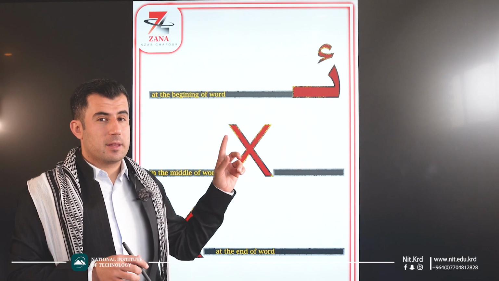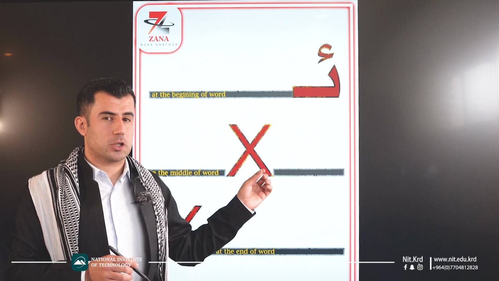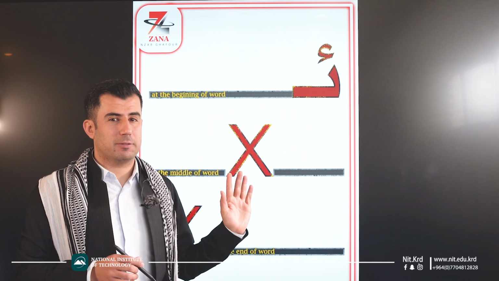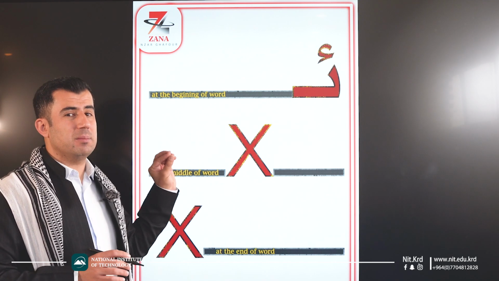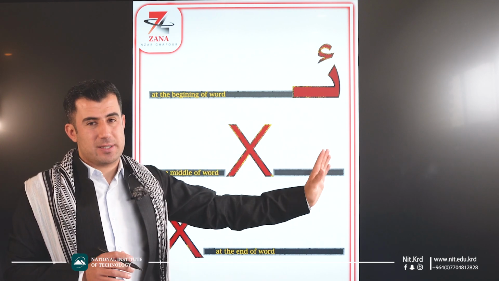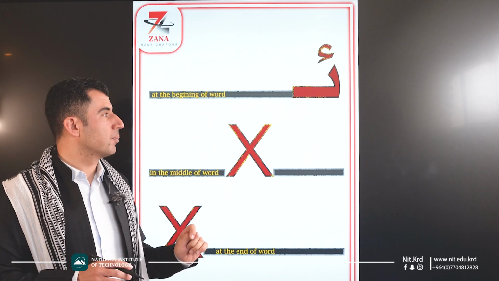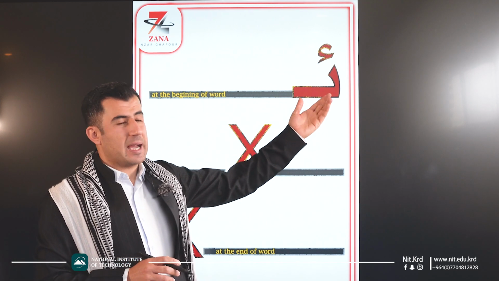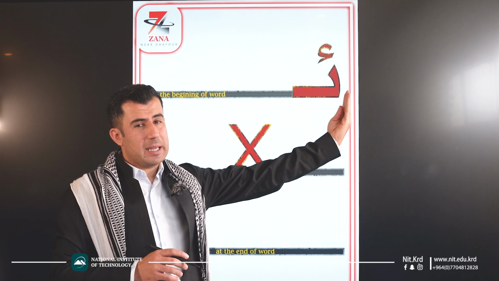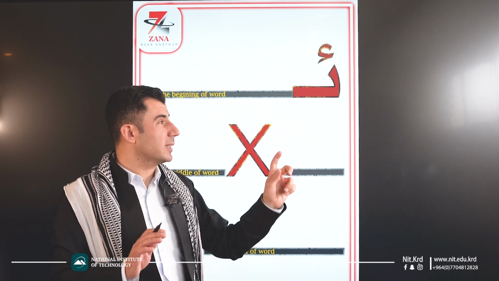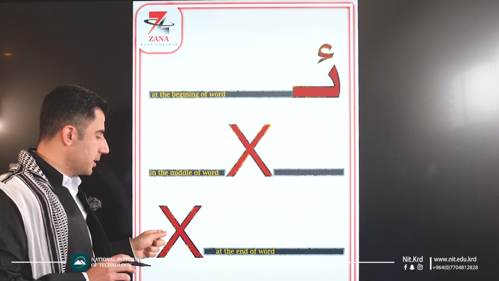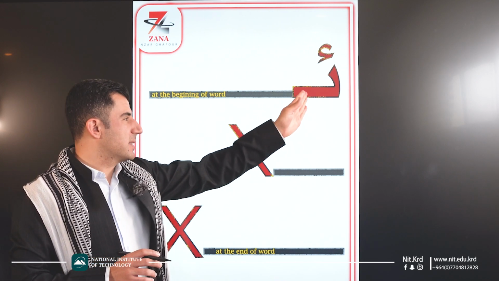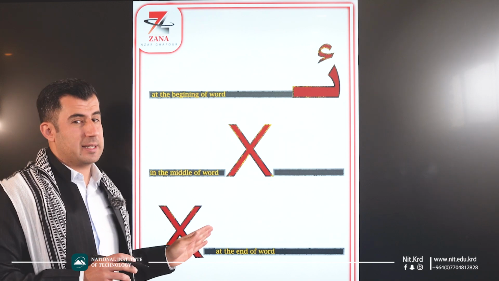This is the first letter in Kurdish, which is E. But be careful, it is not like English, where we have the same letter in every position. In Kurdish, sometimes we have E, for example, at the beginning of the word, but we do not have the same letter in the middle or at the end of the word, because the position for each letter is different.